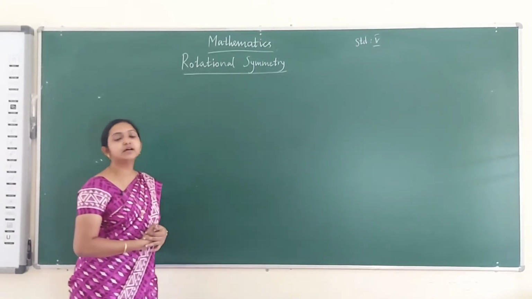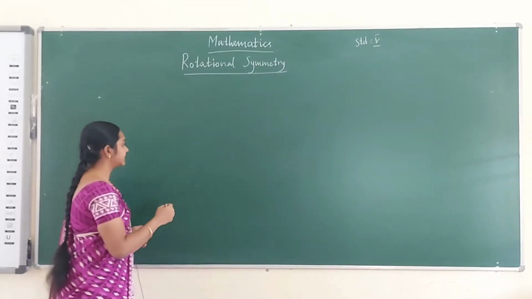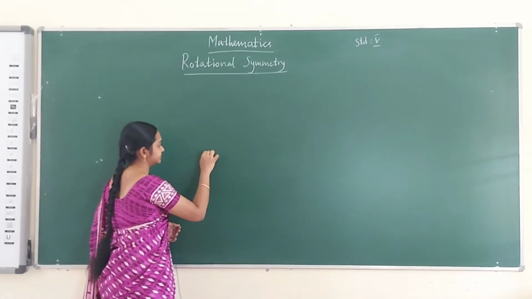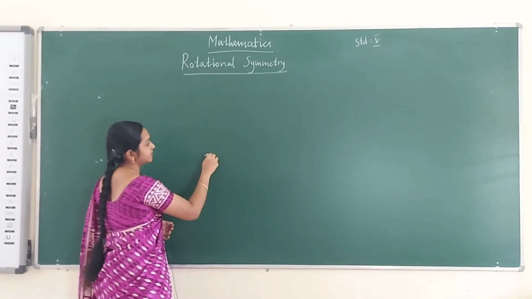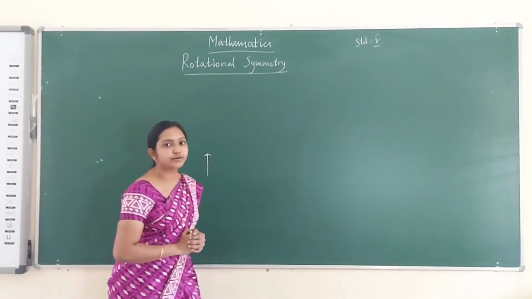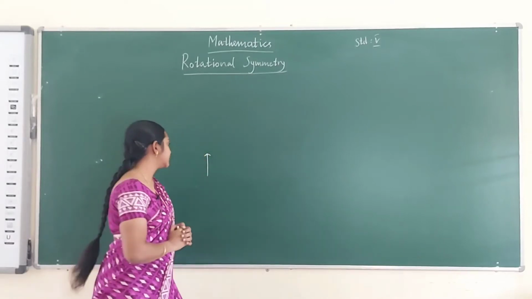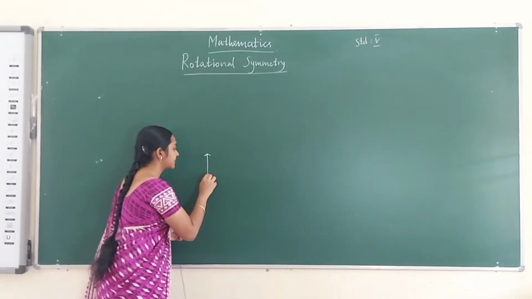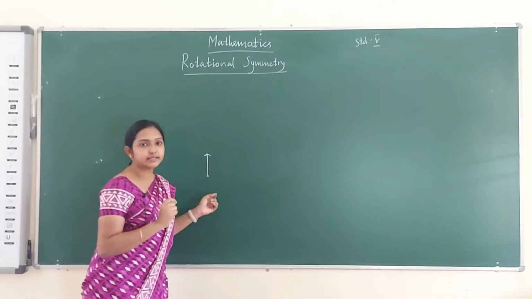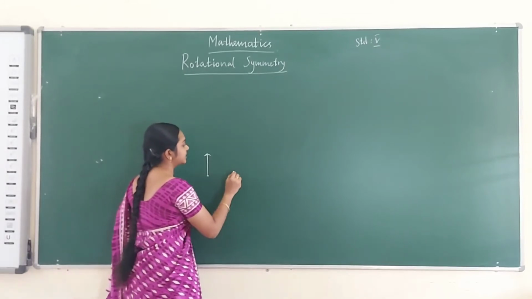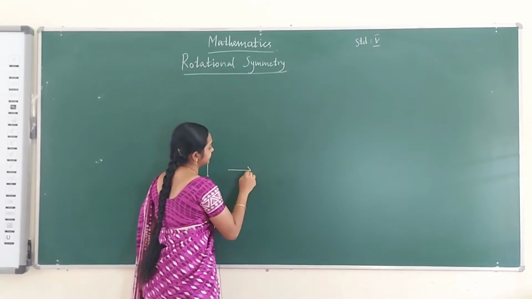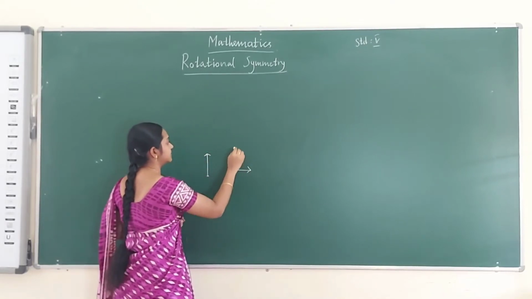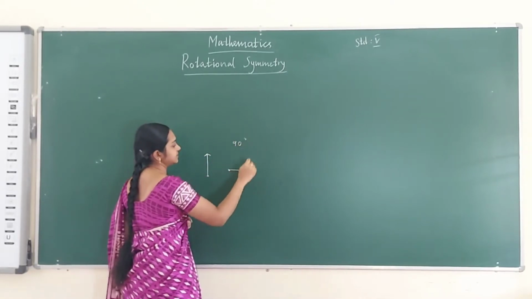For example, now consider a ray. Now we are going to rotate this ray. First I am going to rotate it by 90 degrees. This is rotated 90 degrees.